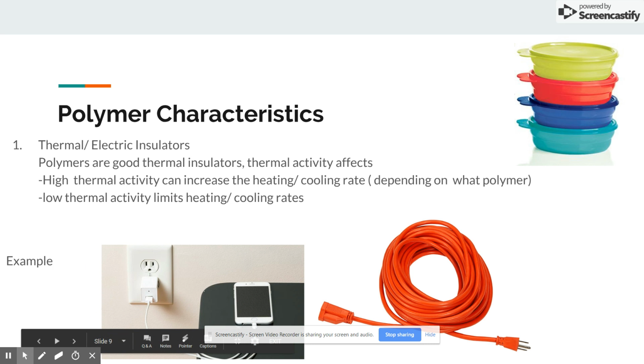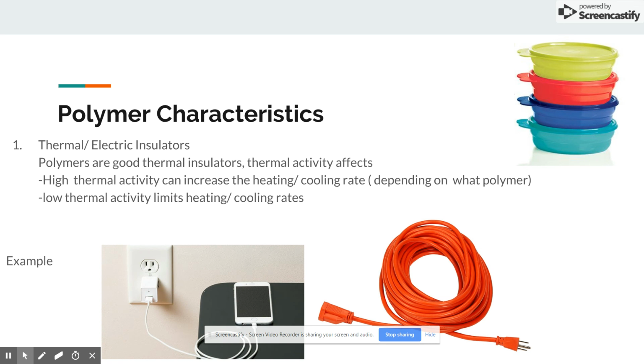Another characteristic is that polymers can be good thermal and electrical insulators. Polymers are also good thermal insulators, as well as providing us with thermal activity effects. When there's high thermal activity, it can increase the heating as well as the cooling rate.